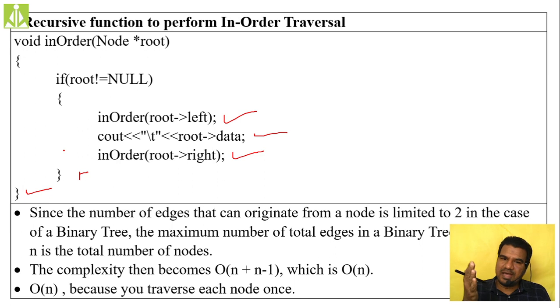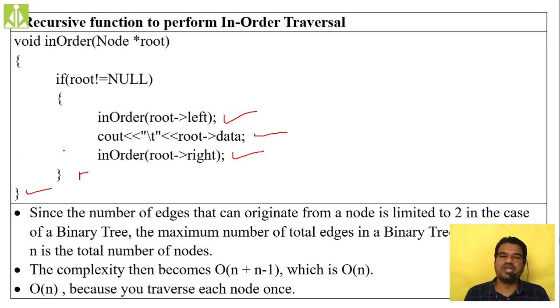Like this again and again we move towards the leftmost extreme. Then we visit the left node, then we visit the root node, then finally we visit the right node, and again we move back to the parent node of the root node.